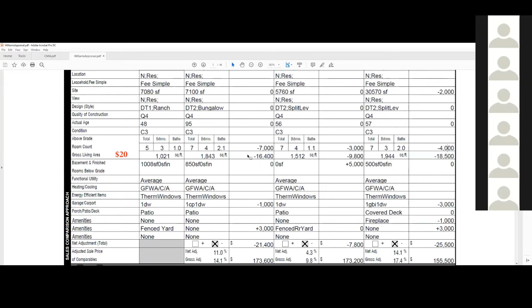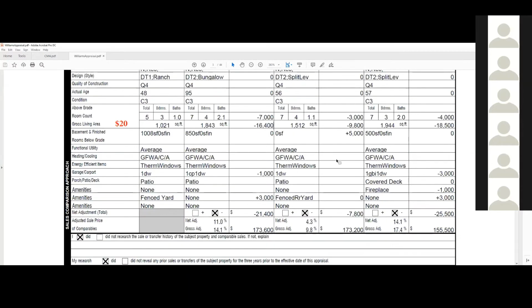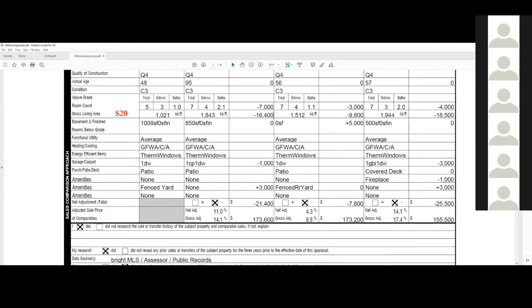Now, apparently this appraiser is very good because his report was pretty good. Even though the square footage of our property is 1,021, the only thing that I don't agree with is this. You have to find properties that are similar in size as well.